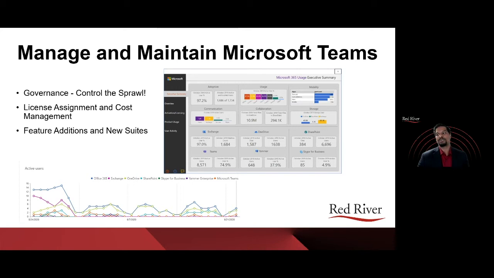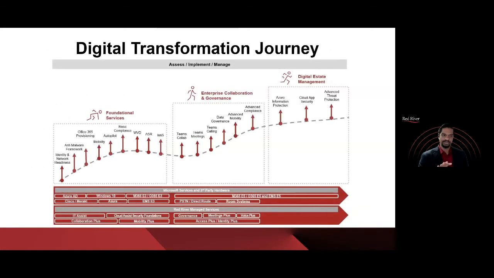So another big portion of managing and maintaining Microsoft Teams is seeing what are some other features inside the licensing that I currently have that I can go ahead and start utilizing. And this really gets into a conversation that we've been having for a while with a lot of our customers, and that is understanding the digital transformation journey. 10 years ago or so, everyone was talking about virtualization, a little bit before that actually.